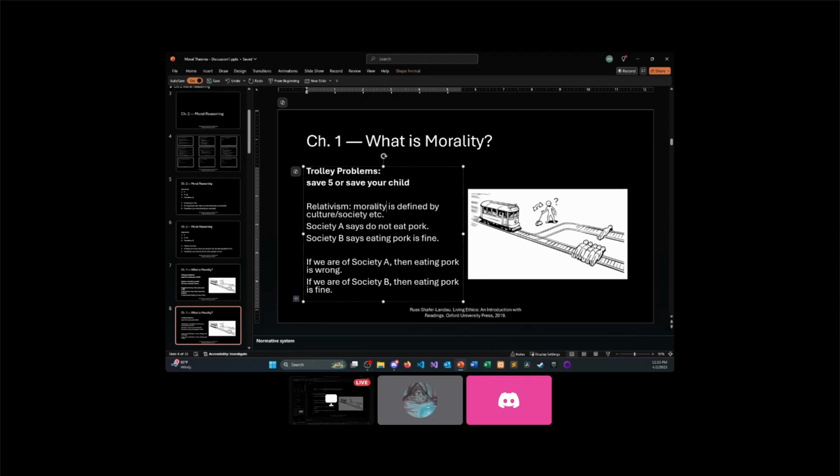Yeah. So for relativism specifically, it's going to be relative to your society. That's sort of how to think about relativism. There can be different moralities depending on which cultural situation you find yourself in.